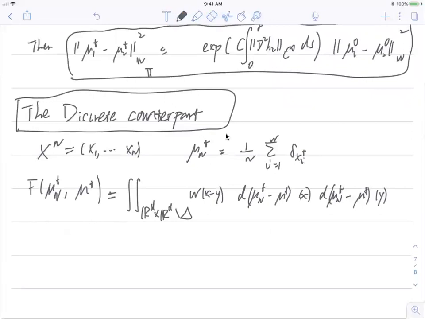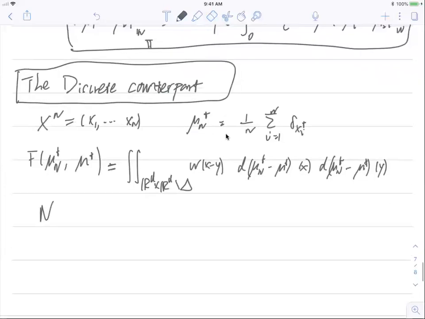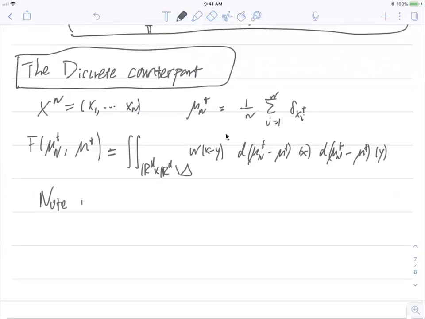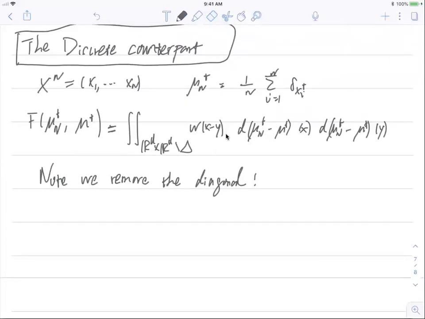But there's a problem here, right? The removing is that we remove the diagonal. This is very important, because when we're using interaction energy, you can try to expand these things.